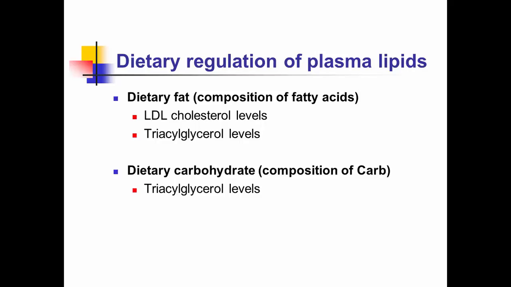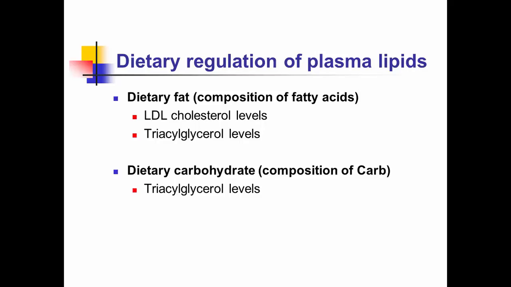So dietary fat can affect both LDL and triglyceride levels, but dietary carbohydrate primarily affects the triglyceride level, with not much effect on the cholesterol levels, right?